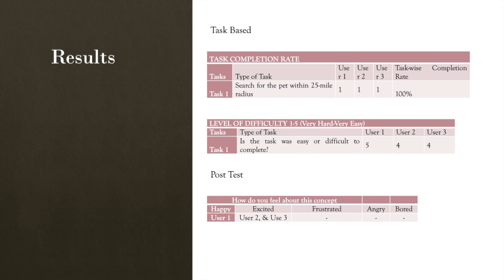And after completing the scenario, the results I got is people are trying to complete the task, and the task completion rate is 100%. And the level of difficulty, none of them faced any difficulties, and users think that this application is easy. And after the post scenario, I asked users about how they feel about this concept, and they feel so excited about it.